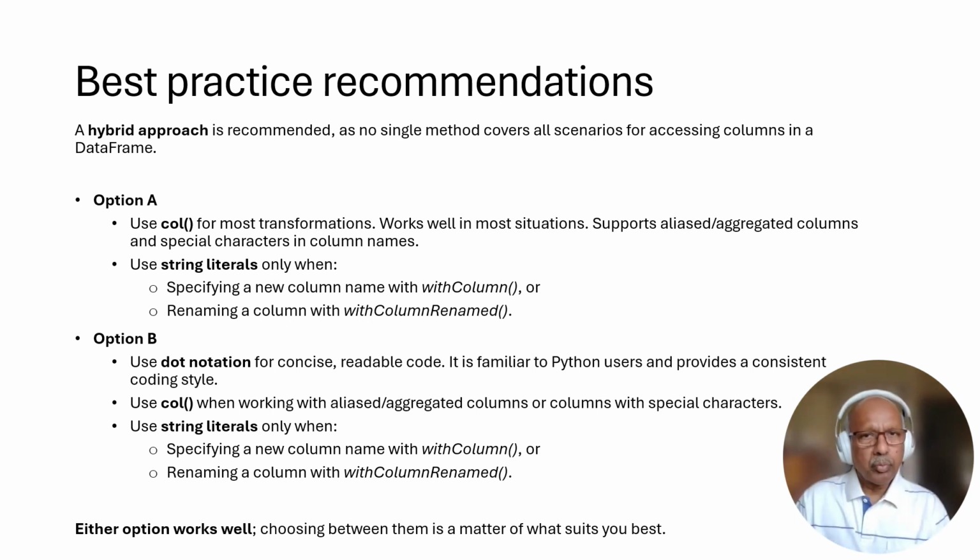Even as a hybrid approach, I recommend two variations. Option A, a combination of using column function for most transformations and string literals for exception scenarios. Option B, a combination of dot notation for most transformations and column functions and string literals for exception scenarios.